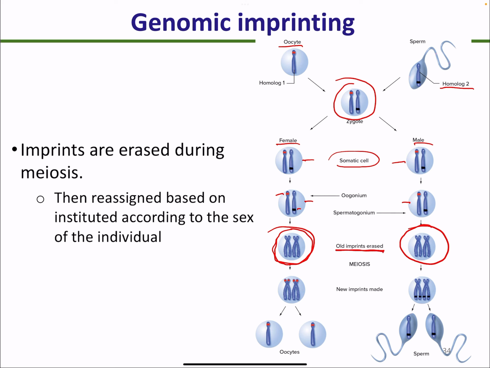Now, the pattern of imprintings that develop is not predictable, in a sense that see here where the imprint is happening here and where the imprint is happening here, so that the oocytes that are imprinted and the sperm cells that are imprinted don't have the imprints at the same location.